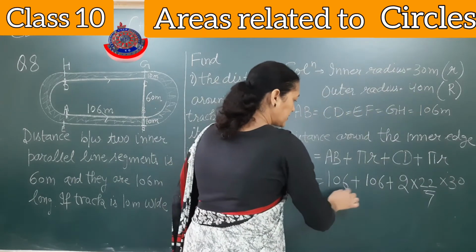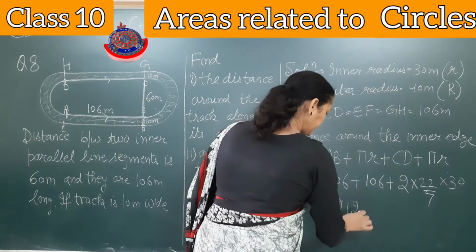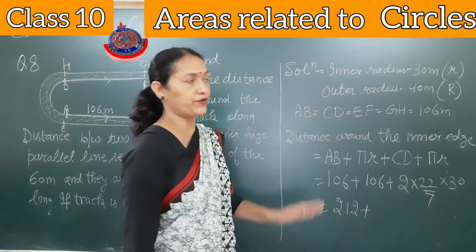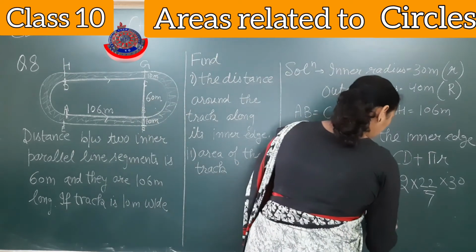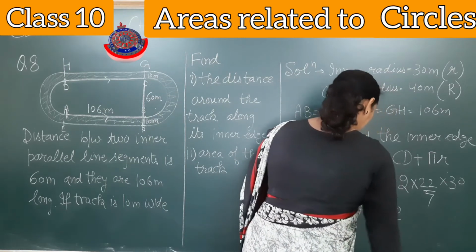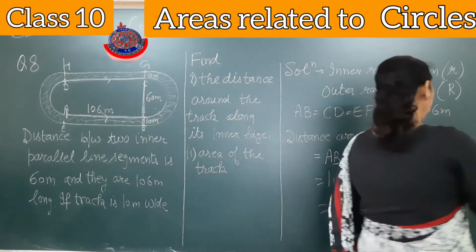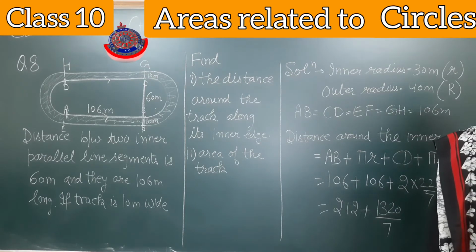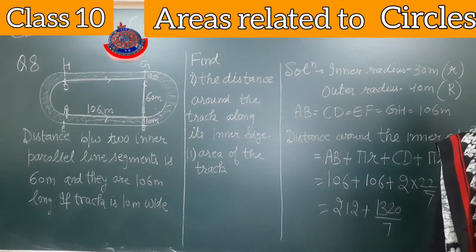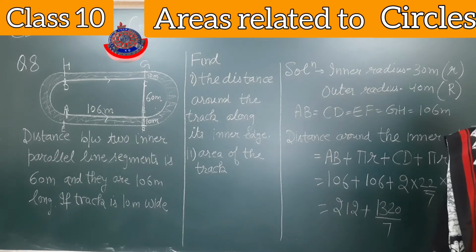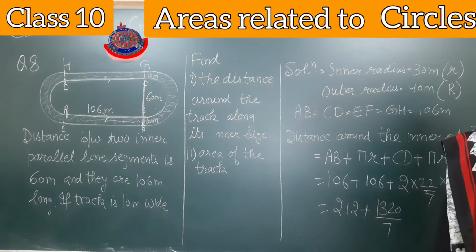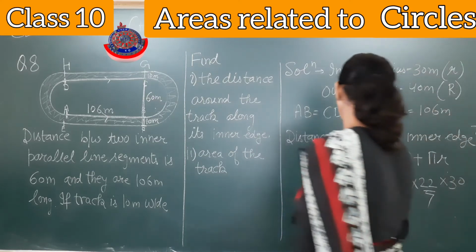So after addition, 106 and 106 will give 212 plus 2 into 22, 44, 44 into 3, 1320 upon 7. So if we divide 1320 by 7, we will get approximately 188.57.